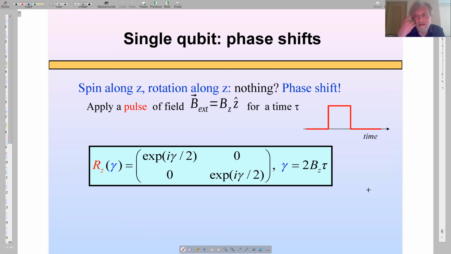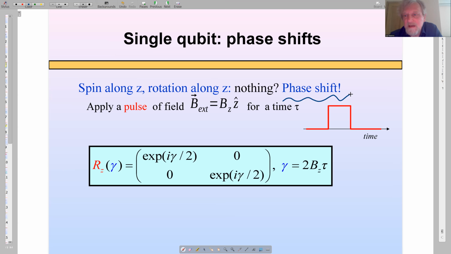There is also a rotation which would not do much with the basic states 0, 1, right? If the spin is rotated along that axis, and if it's initially in 1 or 0, nothing will change. Well, it's not quite true. There will be some phase shift acquired. It can be implemented in the same way.